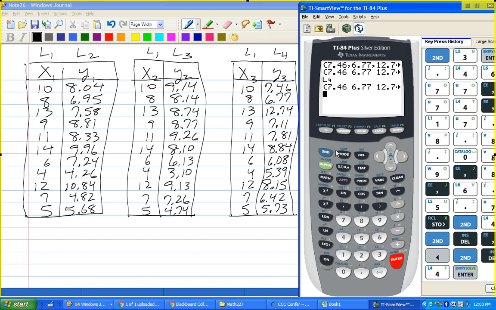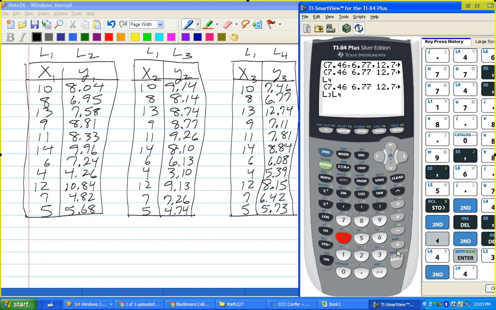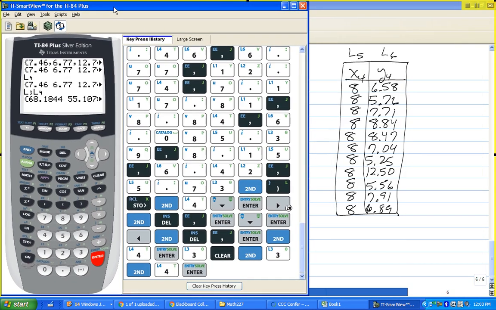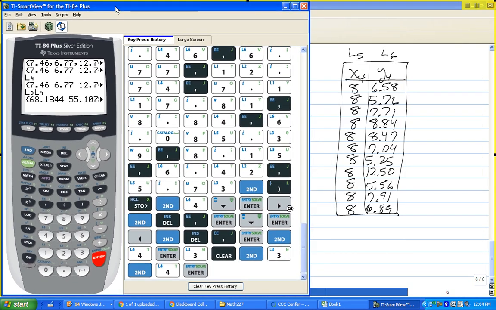Okay. And let's see if they're the correct sizes. They're of the same size. And lastly, L5. Okay.